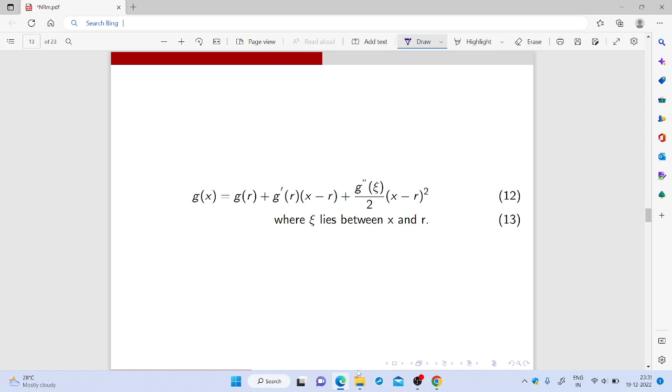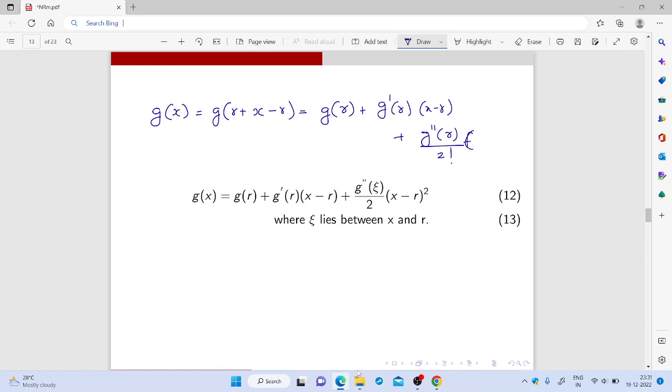Now we can write g of x as g of r plus x minus r. So this can be expanded using Taylor series: g of r plus g dash of r into x minus r plus g double dash of r by 2 factorial into x minus r whole square.